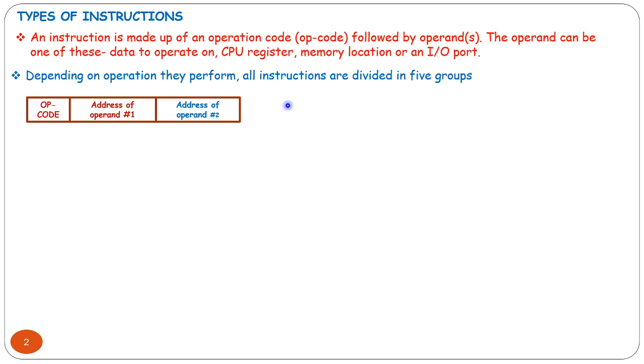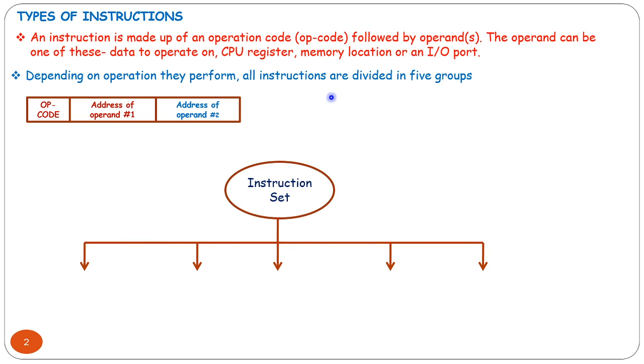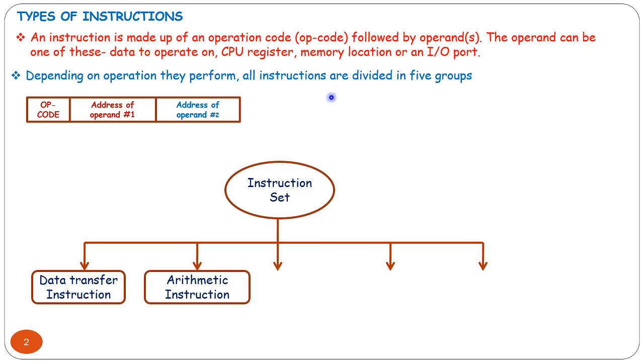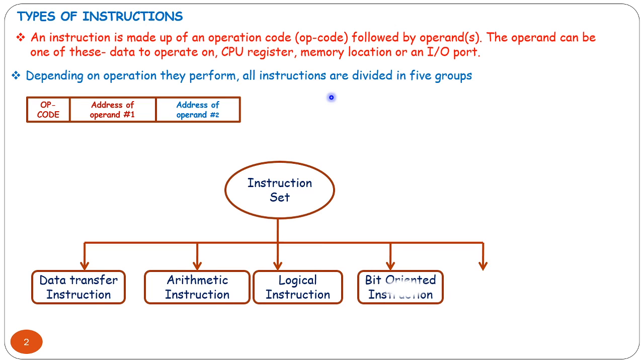Depending upon the operation they perform, all the instructions are divided into 5 groups: data transfer instructions, arithmetic instructions, logical instructions, bit oriented instructions and branch instructions. So we are going to focus on this instruction set.